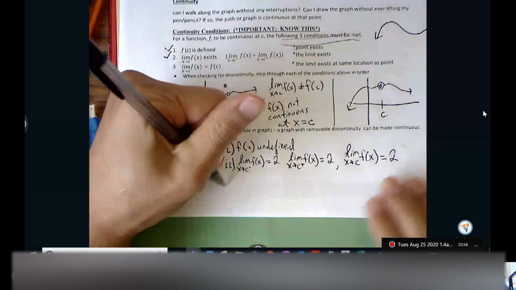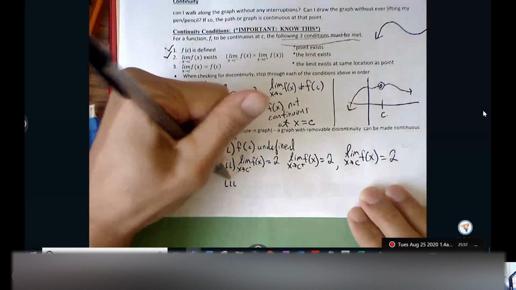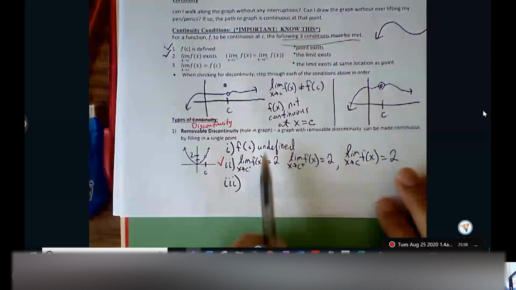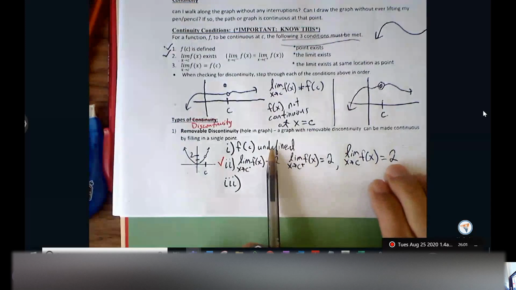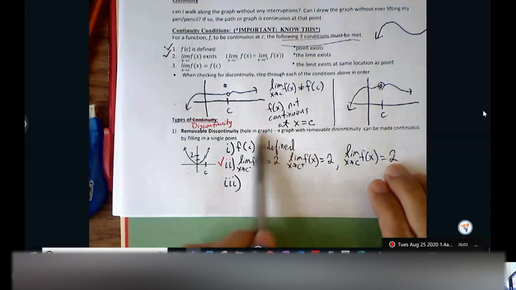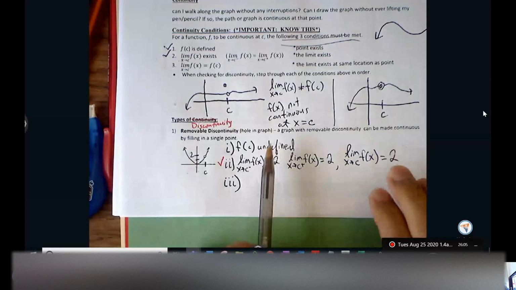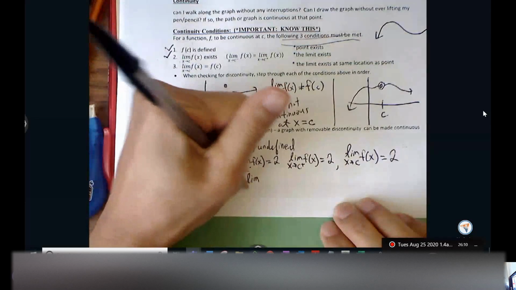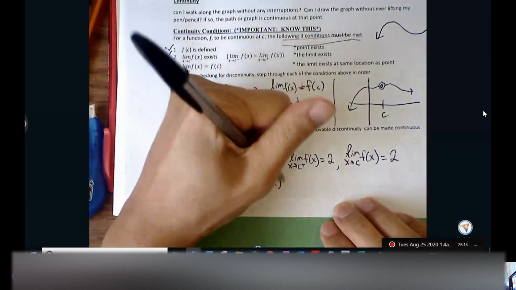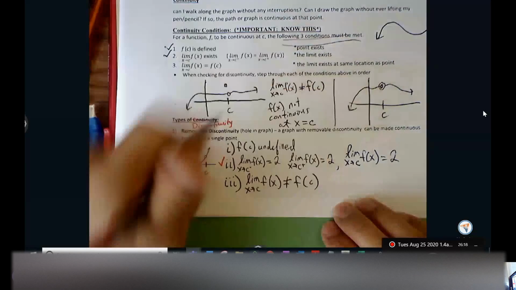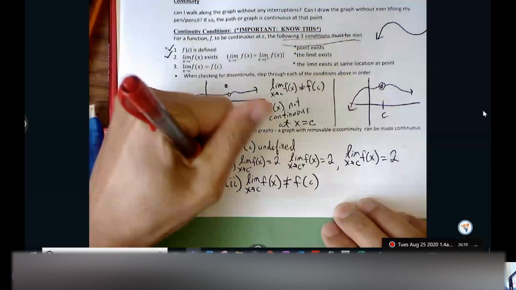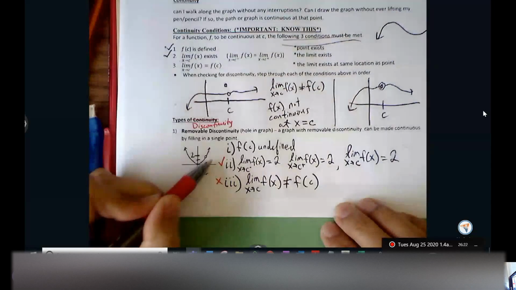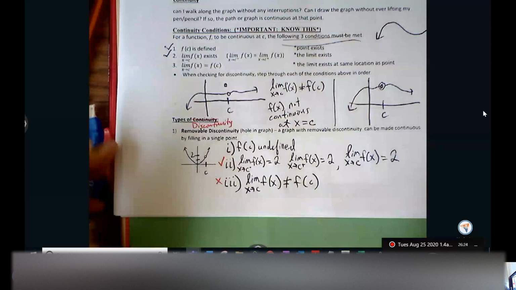So the second condition passes, we move to the third condition. The third condition is asking, do these results agree? Undefined is not the same thing as 2, so the third condition fails. And because the third condition fails but it passes the second one, this is when we have a removable discontinuity.